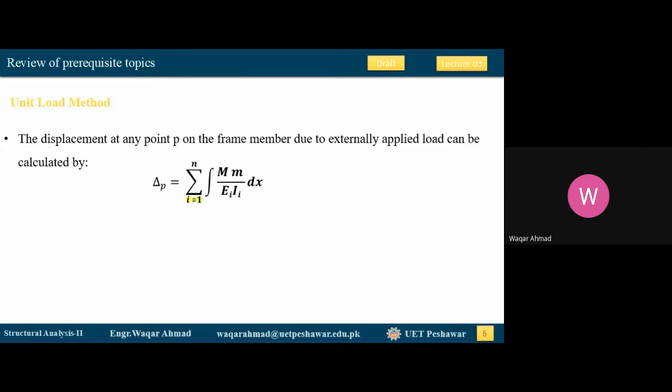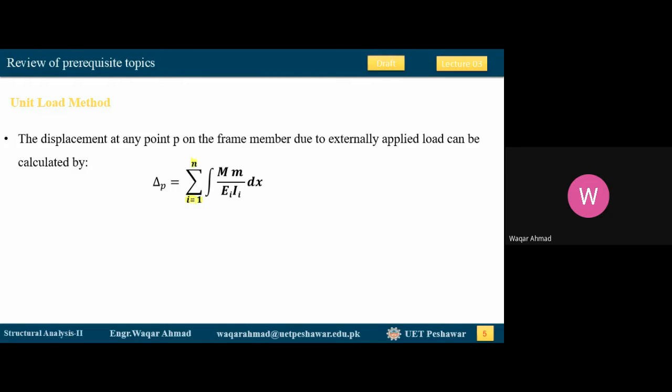What is i in this case? There is a summation from i equals 1 to n. What does it mean? i shows the current member. So if you have a frame structure having 2 members, when i is equal to 1, it means that you are talking about the first member of the frame structure.